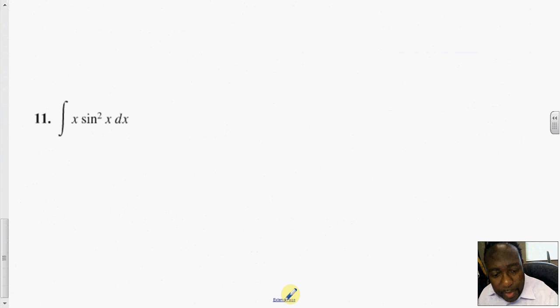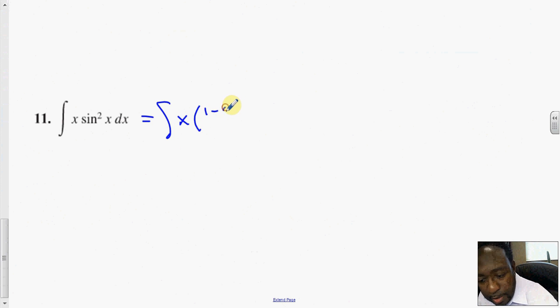Now, with this one, it's a sine squared x. Anytime we have sine squared by itself or cosine squared by itself, we use that double angle. So you can write this as the integral of 1 minus cosine 2x all over 2 dx.